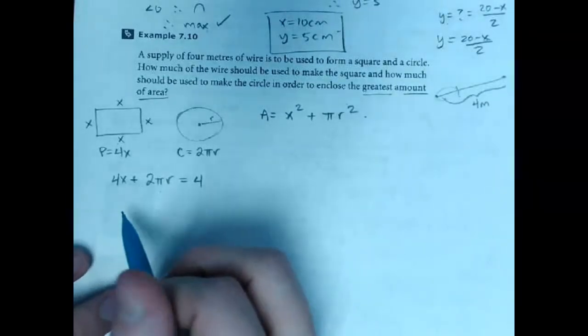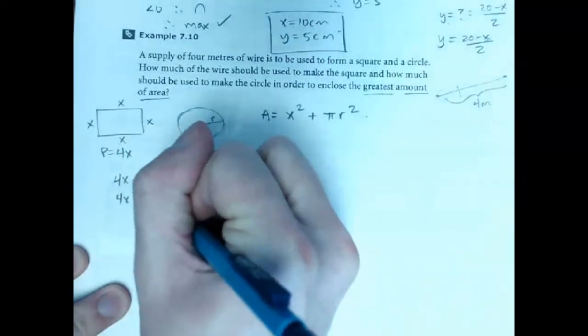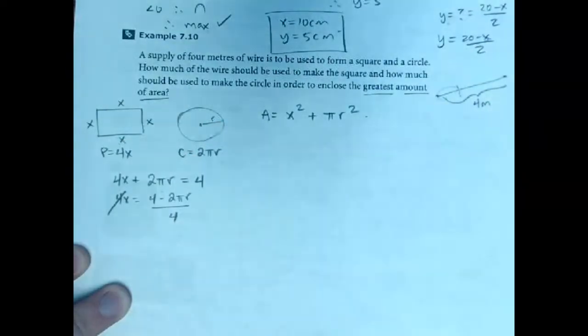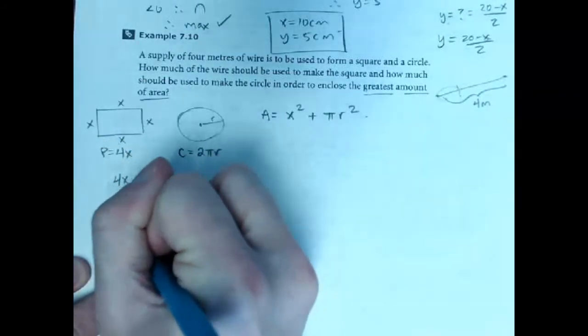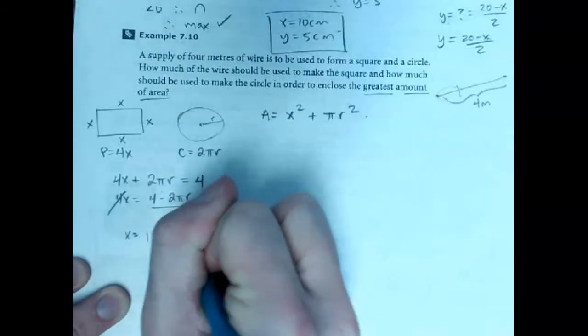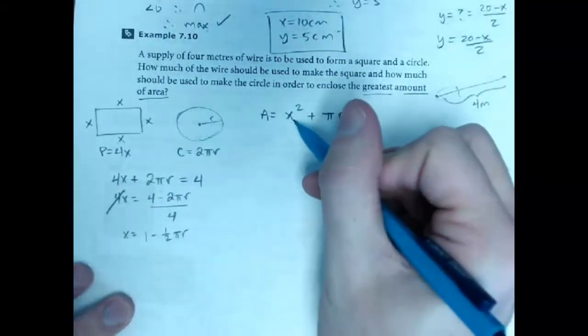So let's solve this for x. Subtract it over, and then divide by 4. All right, so there's your expression for x. I'm going to simplify it a little bit. 4 divided by 4 is 1, so x equals 1 minus 1/2 pi r. So I've got an equation for x. Let's take this and plug it in.